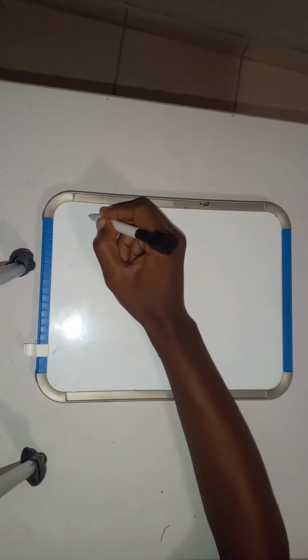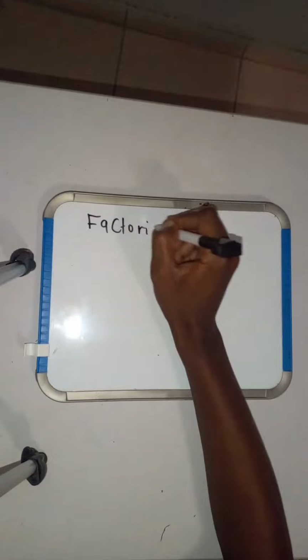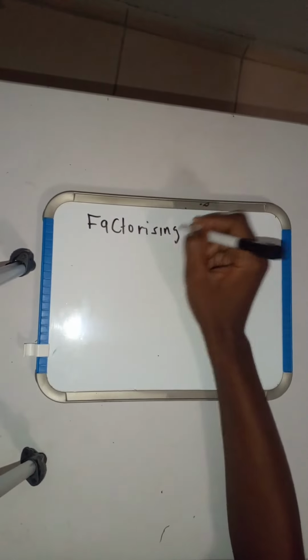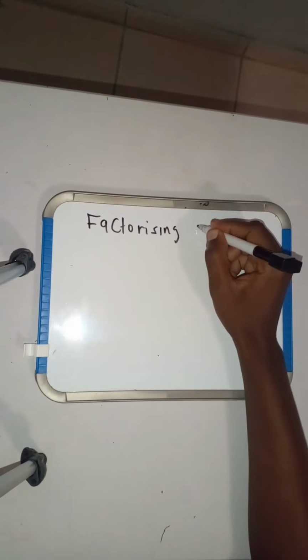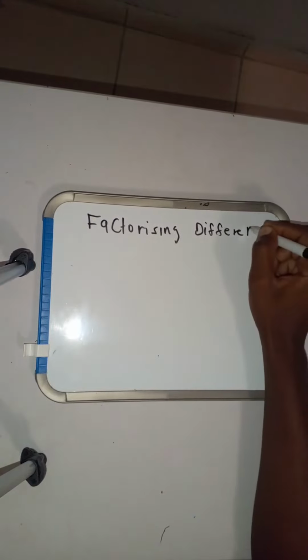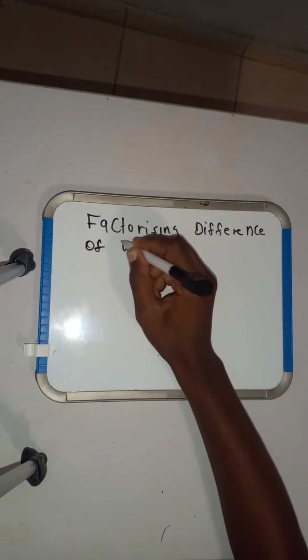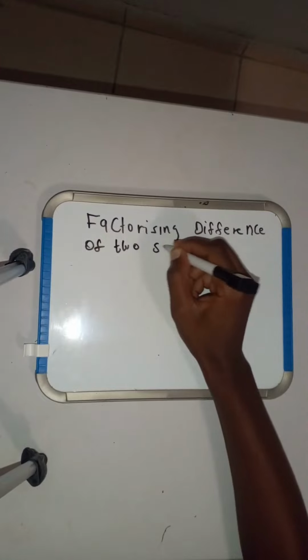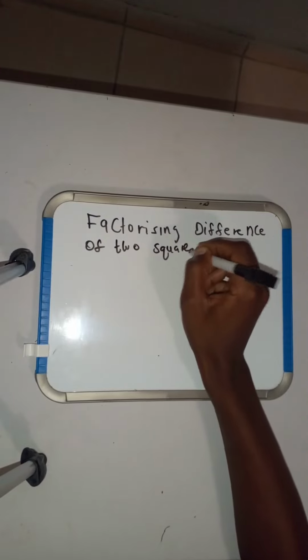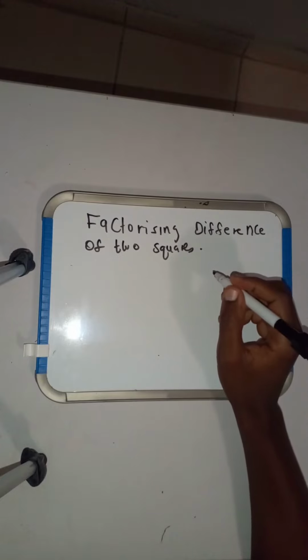We are going to do factorizing difference of two squares. Before we factorize the difference of two squares, we need to know numbers which are perfect squares.